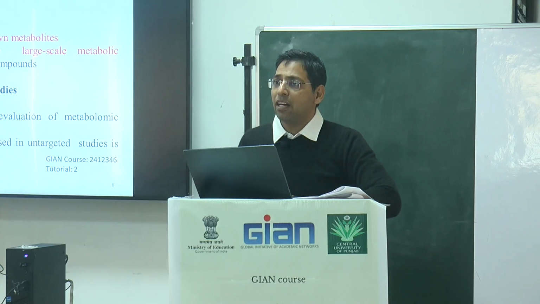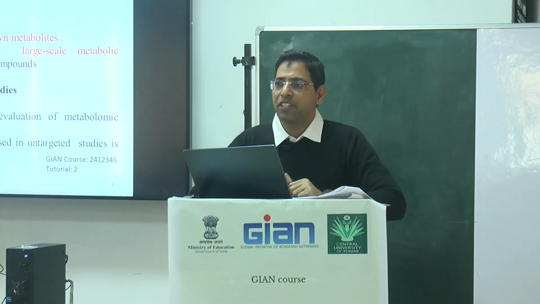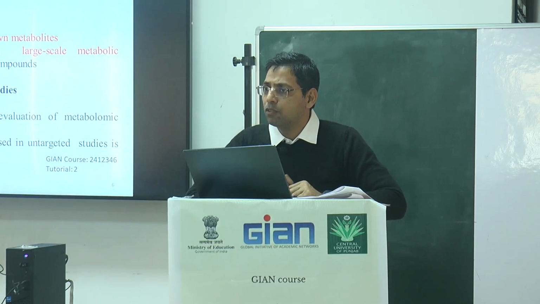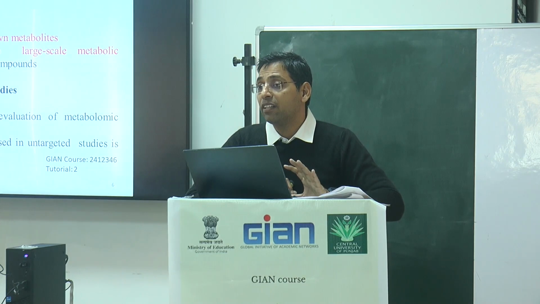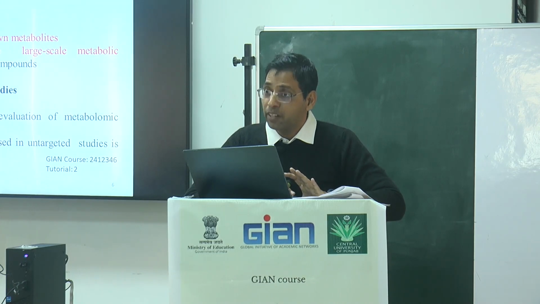And the person from the bench tech told me that if you submit this paper with 100 metabolites with accuracy and precision, it will be the best hit in this area. So try to understand: if you are reporting only 100 metabolites, that's more than enough.